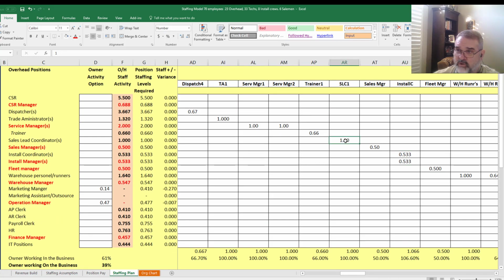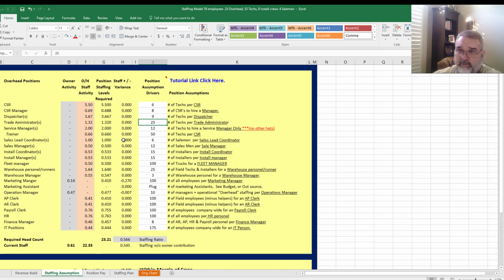So basically I took that sales lead coordinator position off of the sales manager because he's got more people to work with now. Okay, so he can spend more time working on his sales staff, acting as a sales manager, but he can still have more salesmen because the algorithm for the sales manager is 12. 12 salesmen will round out a sales manager. That'll basically peak him out.